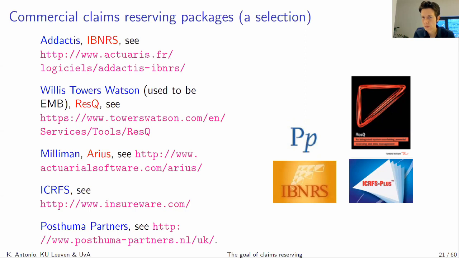These are commercial packages purely dedicated to claims reserving, which allow you to do the kind of calculations that I will mention today, also the Solvency II, the discounting, etc. That will typically be available in tools like these. So that's just for your background. If your company happens to use one of them for claims reserving, then you know in which light you should put this.